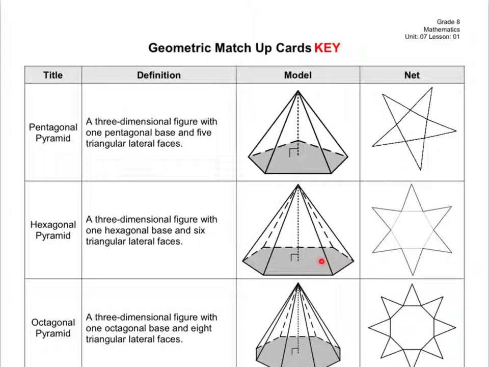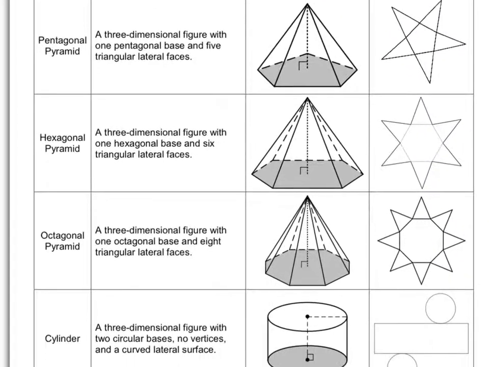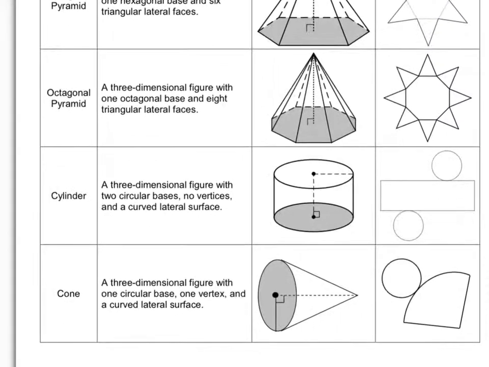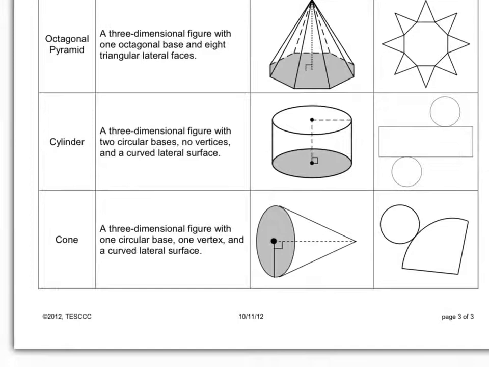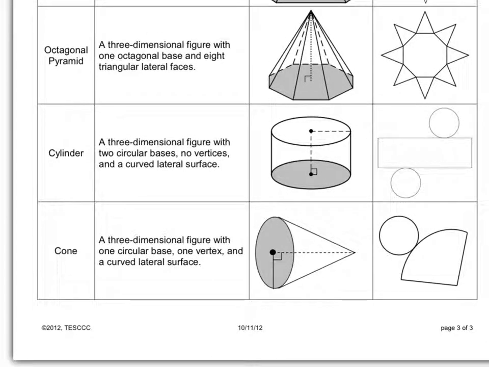So we have 1, 2, 3, 4, 5, 6. Okay, and then that's what our net looks like. This is good study material for you guys. Really good study material. And then we'll move on up to the last 3.